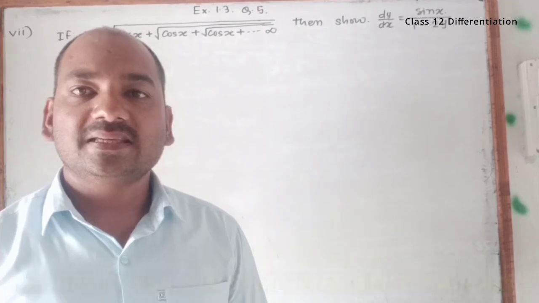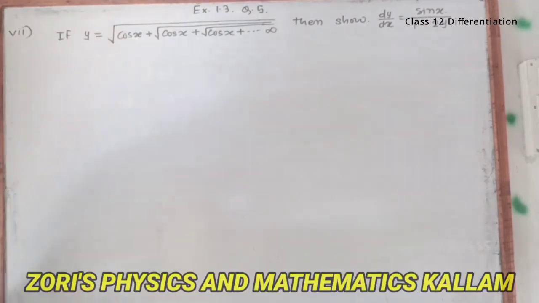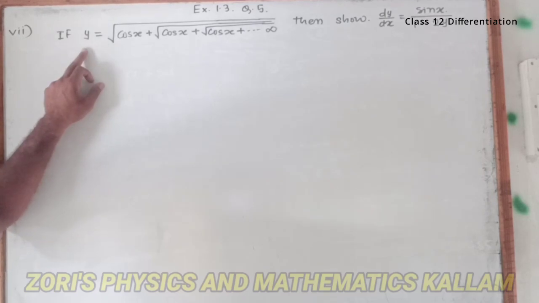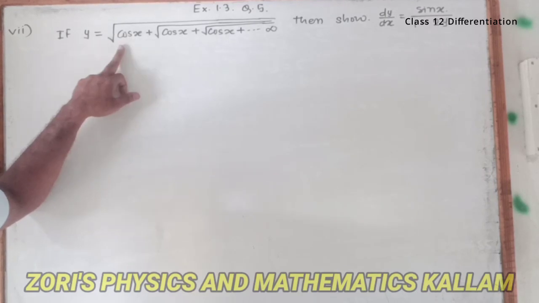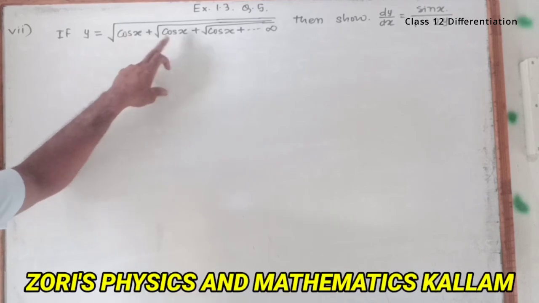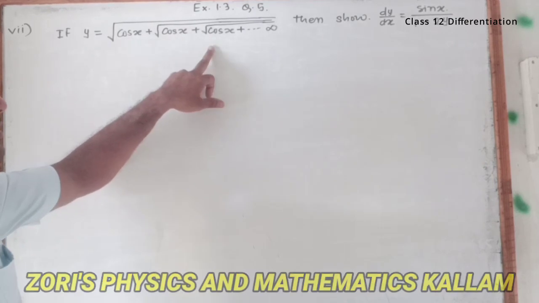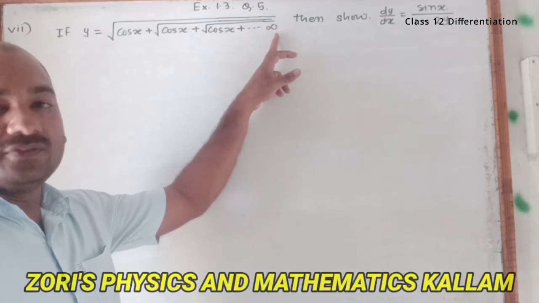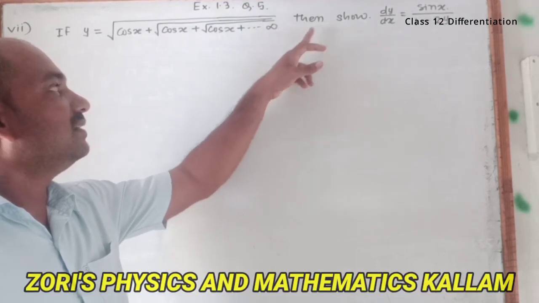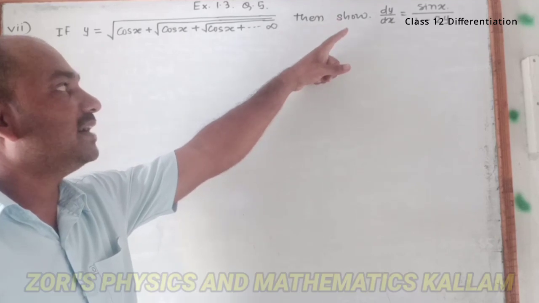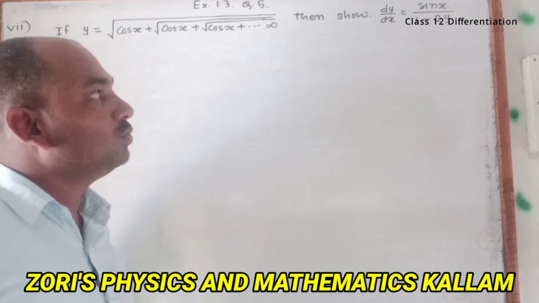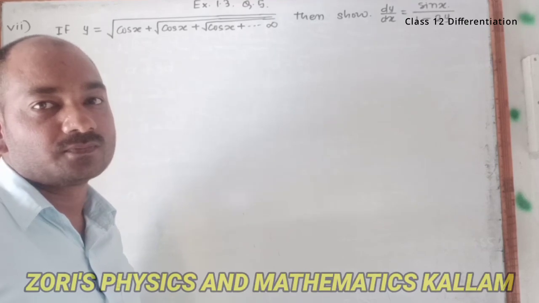Now see the next question, question number 7. If y = √(cos x + √(cos x + √(cos x + ... infinity))), then show that dy/dx = sin x / (1 − 2y).